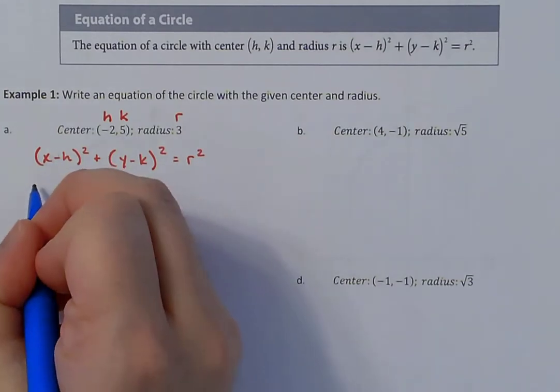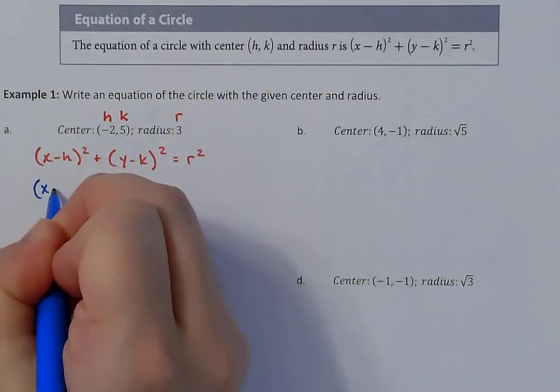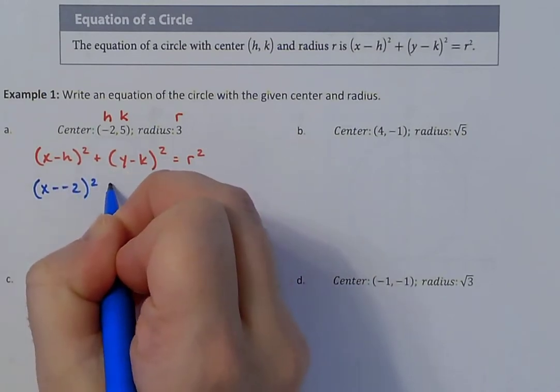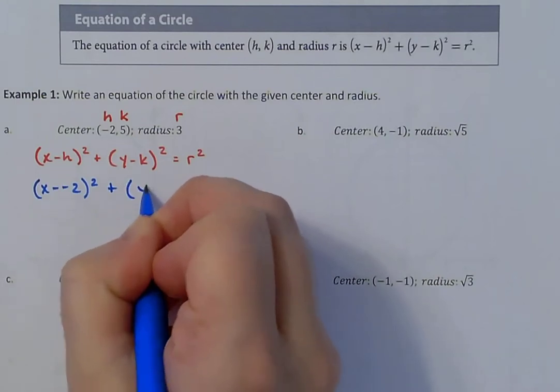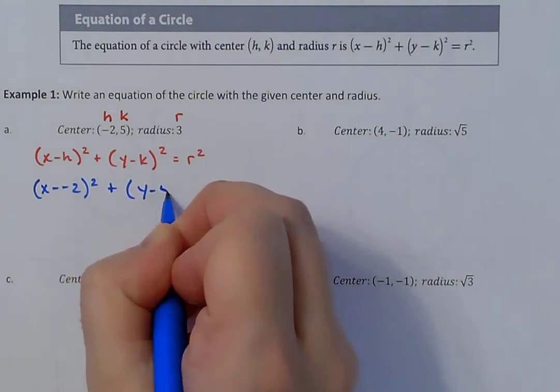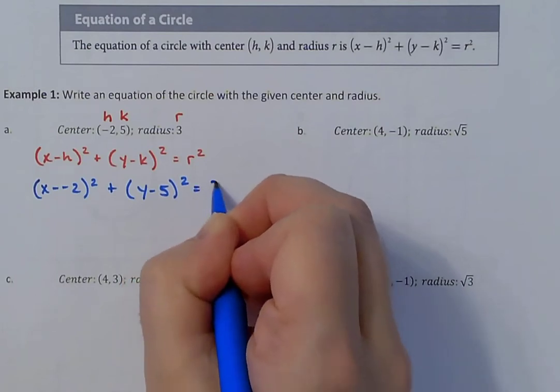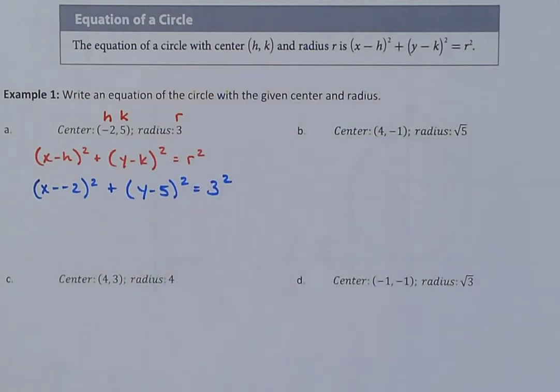So x minus h becomes x minus a −2 squared plus y minus k is y minus 5 squared, and then r squared is just 3 squared. All right, from here, we just need to simplify each part.